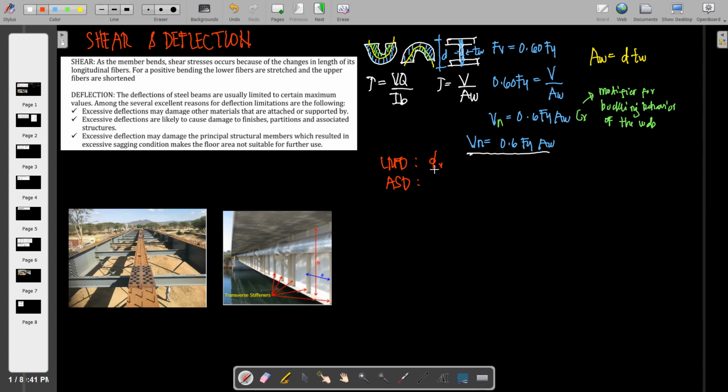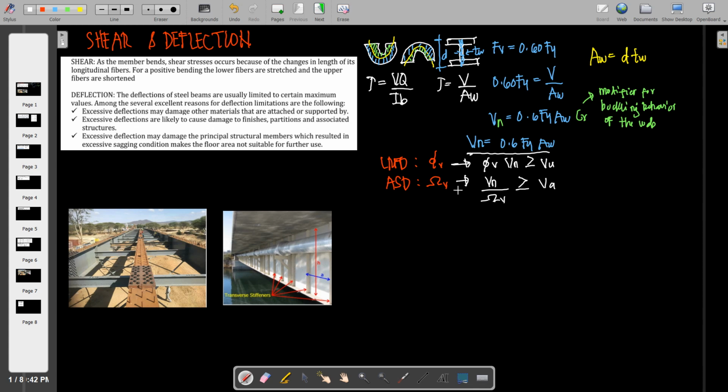In here, we denote the phi by a notation sub V to indicate that this is under shear, and ASD is omega sub V. Now, in design procedure in LRFD, we always set that our phi sub V multiplied by Vn shall be always greater than the factored shear, while in the allowable strength design, we always divide our nominal shear strength by the omega, in which this shall be always greater than the actual shear on the problem.